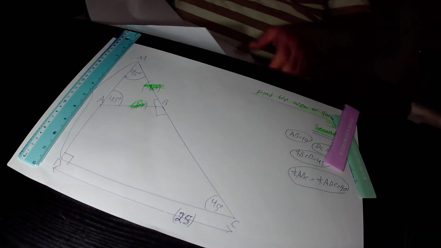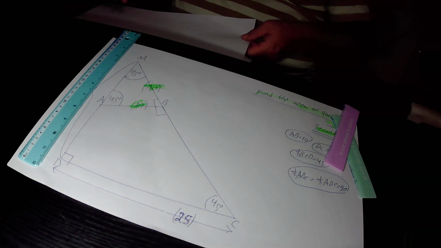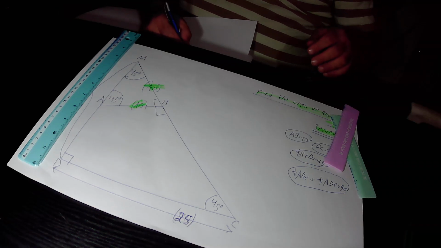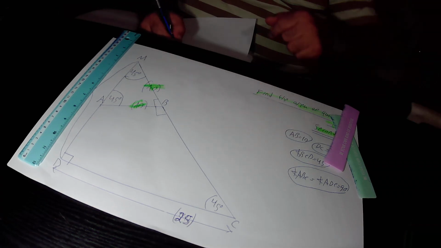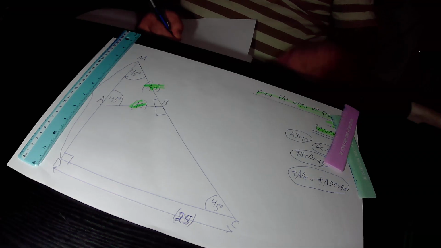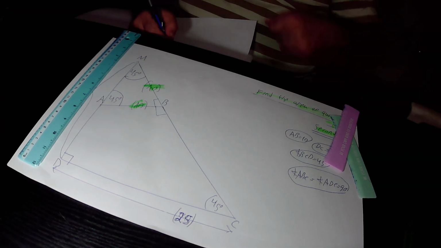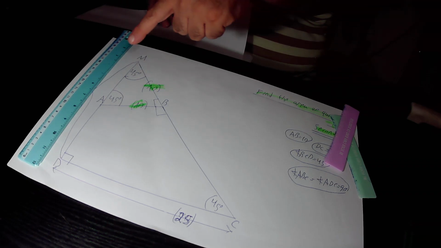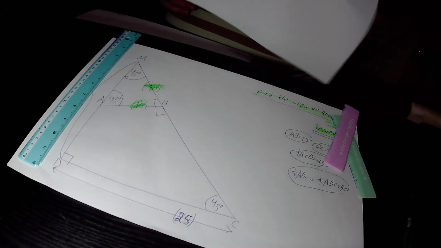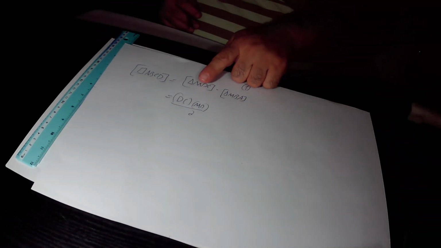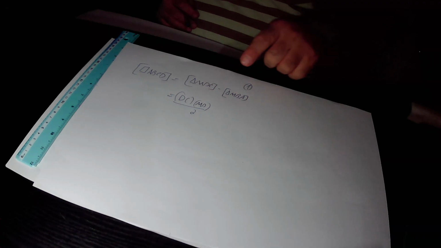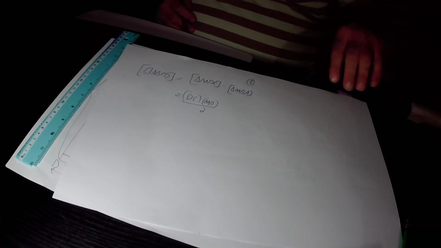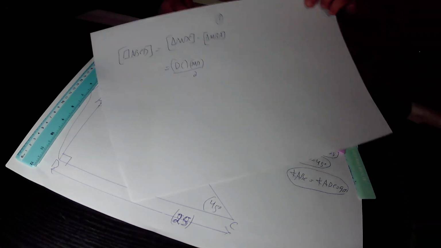The area of the big right triangle MDC is equal to the base DC times the height MD over 2. Again, the area of this big right triangle MDC is equal to the base DC times the height MD over 2, minus the area of the right triangle MBA.